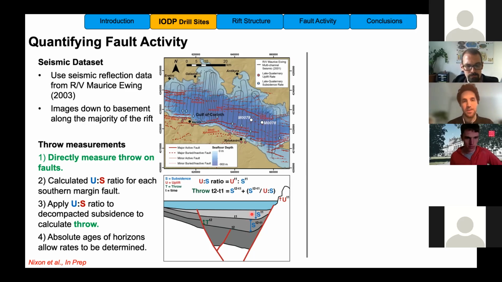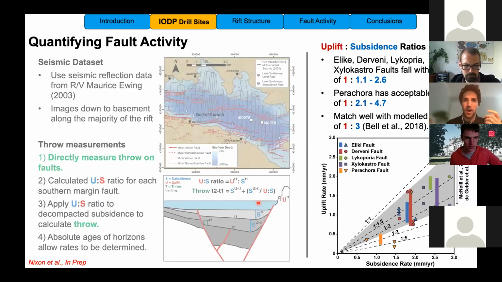But because there's a huge amount of uplift data along the southern margin, we're able to combine uplift rates and subsidence rates from the same timeframes in order to calculate uplift subsidence ratios. And then we can apply that to these faults to calculate their overall throw rates.